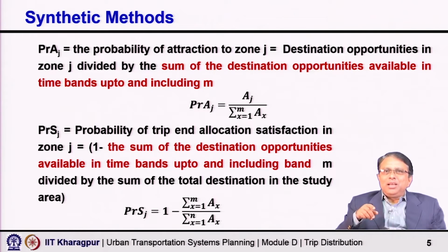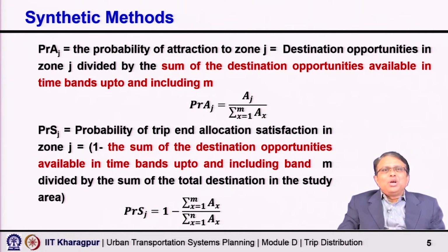So, divided by not up to 5, but up to the total 10 station catchments, up to which the study area extends. So, the total opportunities available in the study area.